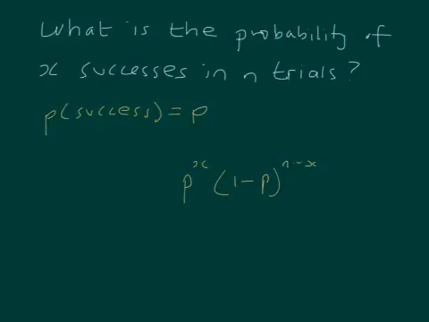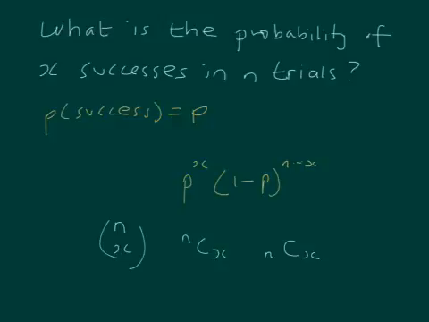But how many ways are there through the tree diagram? Well, that's the binomial coefficient. Now you can write that as n over x, like this. You can write it as nCx, like that, or NCX, like that. The C stands for combinations. It's the number of combinations with x successes in n trials.